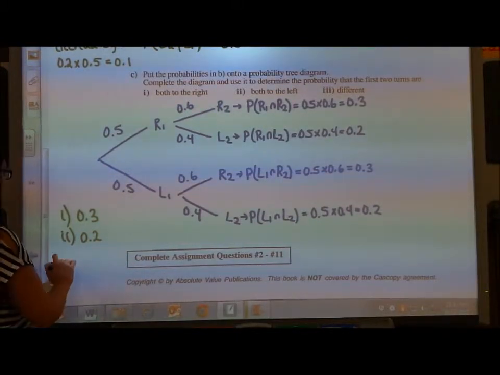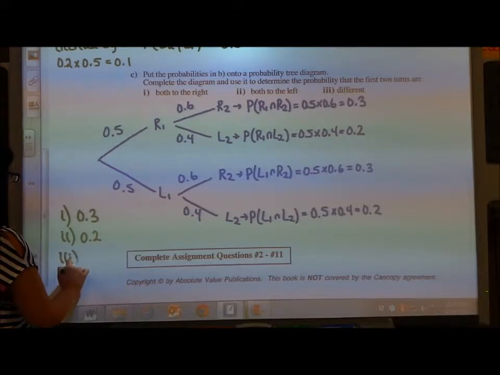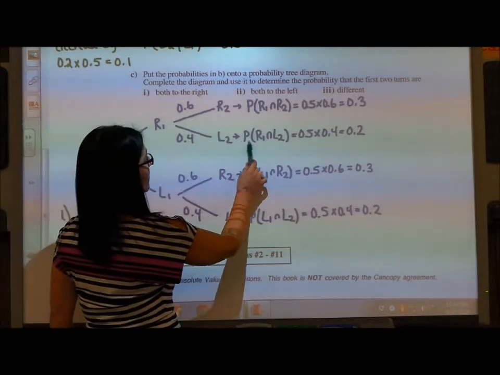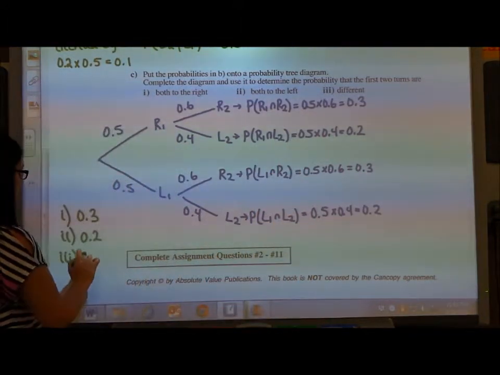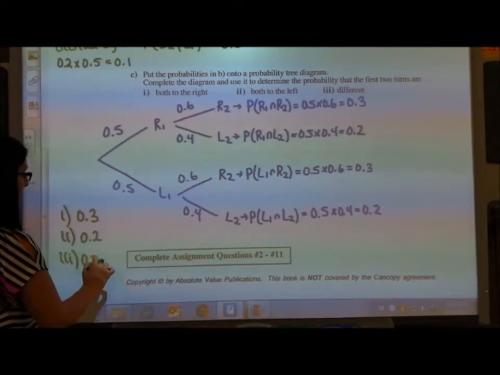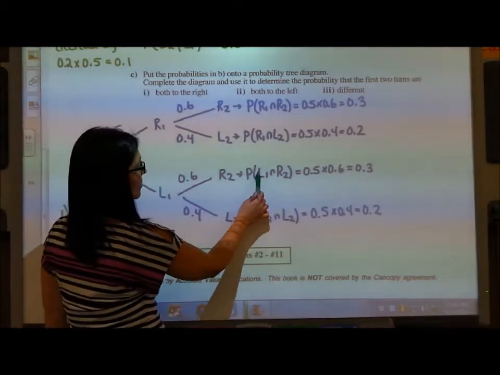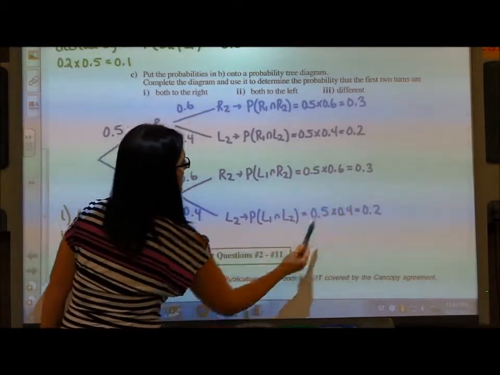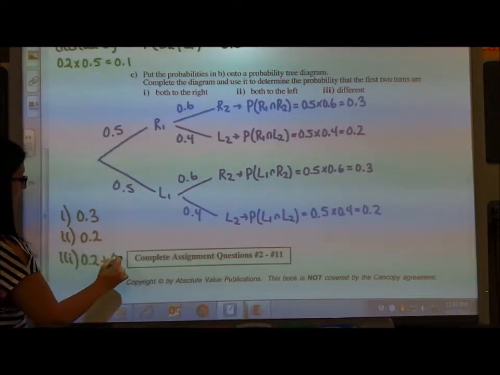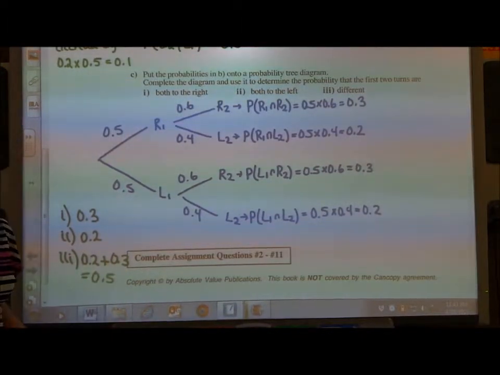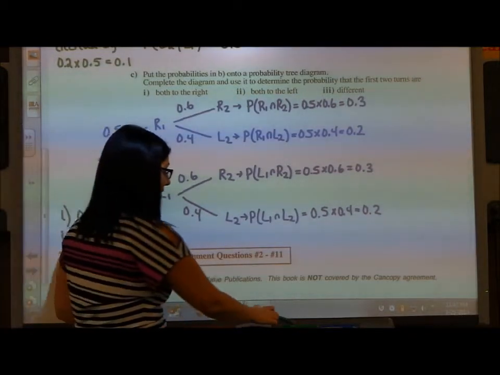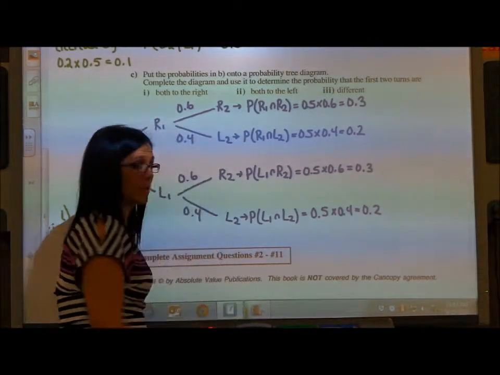The probability that they are different, meaning it goes to the right, then to the left, is 0.2. And the probability that it goes to the left and then to the right is 0.3. Together that gives me 0.5. And that's using tree diagrams to solve probability.